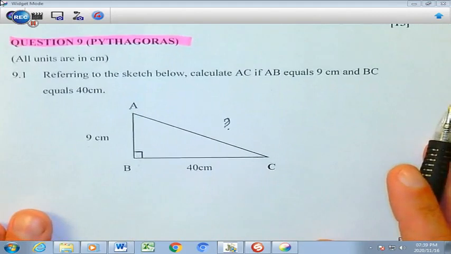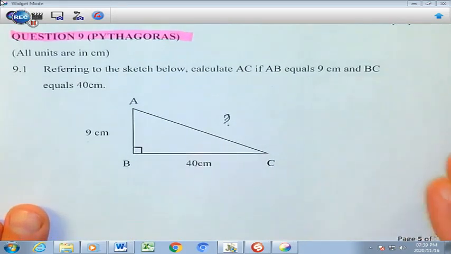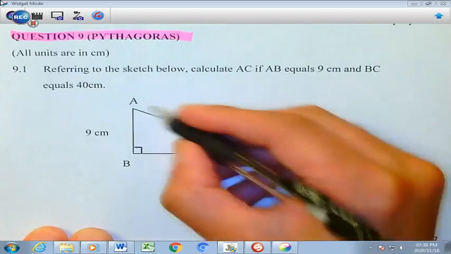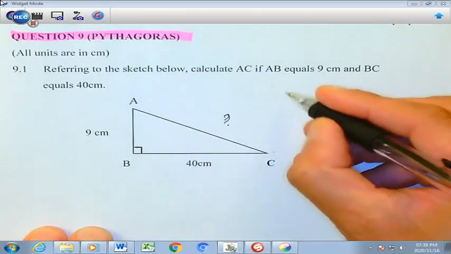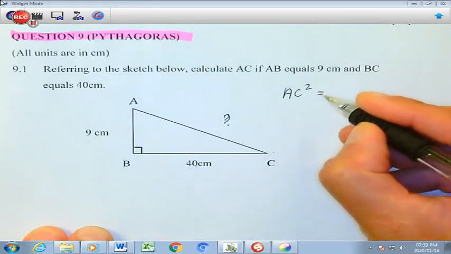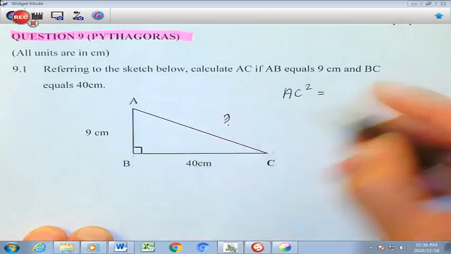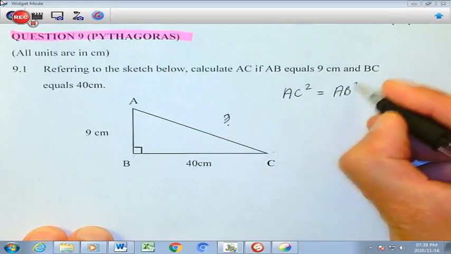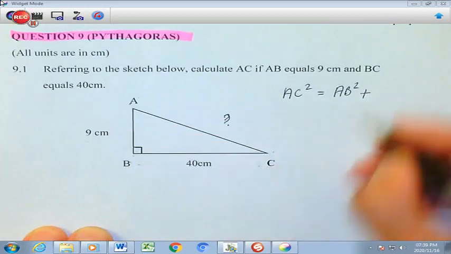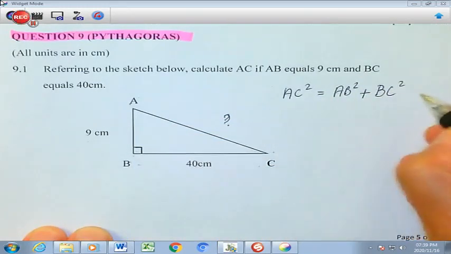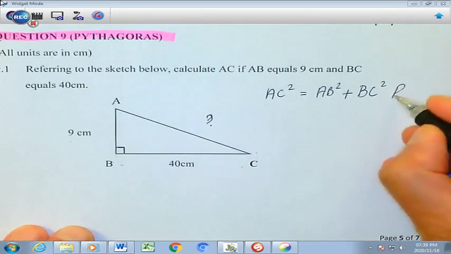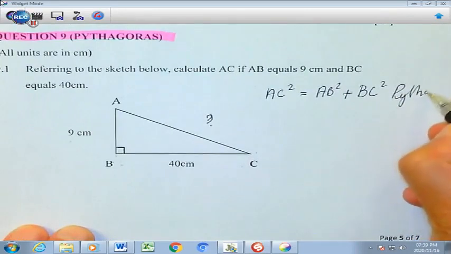So you need to start by writing Pythagoras' theorem down, and Pythagoras' theorem means that side AC squared equals AB squared plus BC squared. And you need to reference Pythagoras on the side here.